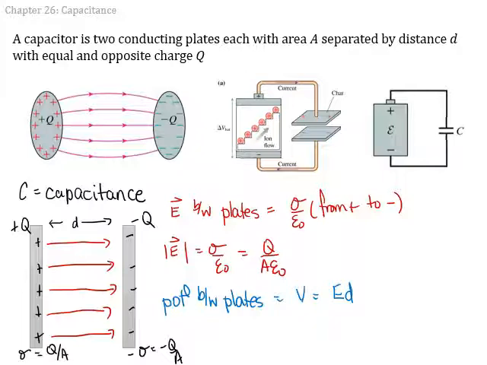So, we can find that expression for potential by doing the integral of E dot ds, which we went through in a previous class. So let's fill in what we mean by our electric field.